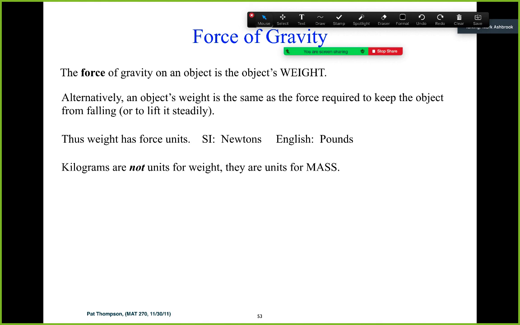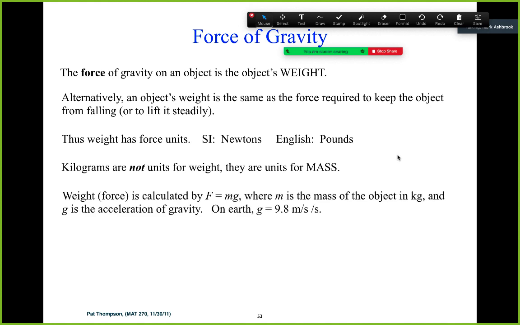So kilograms is not the force pulling on it, but just the amount of stuff, regardless of any gravity pulling on it. So pounds and newtons are weight units or force units. Kilograms is for mass.